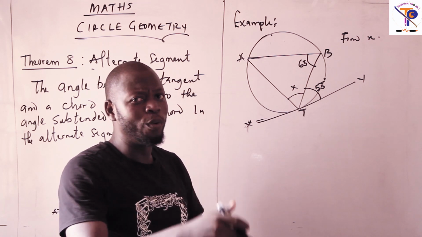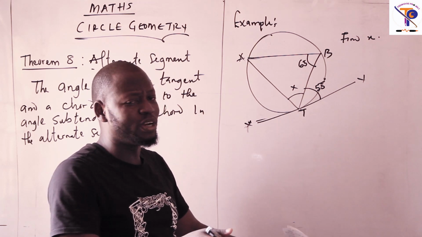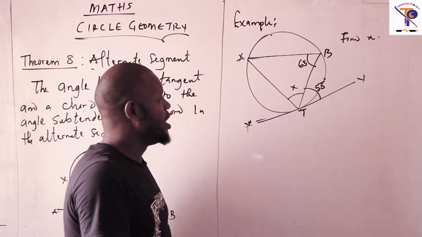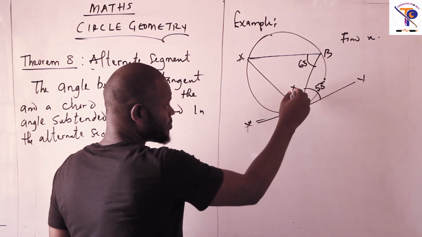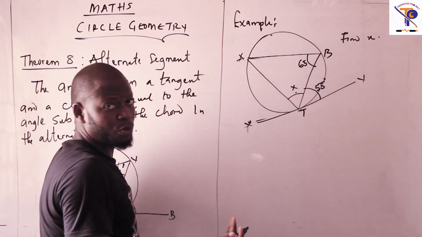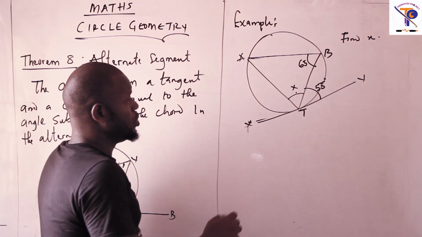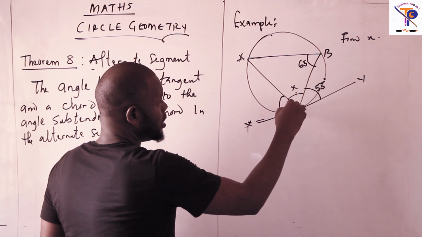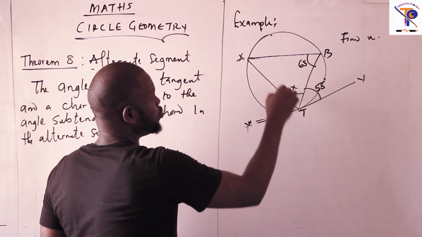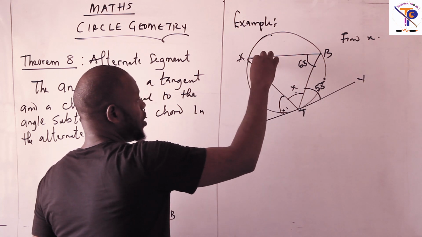Then the question is, which one will be equal to which one? To get my x according to the question, I have 2 options. Interesting. I am sure this angle, because it's connected to this chord, leaving this one, will be equal to this.